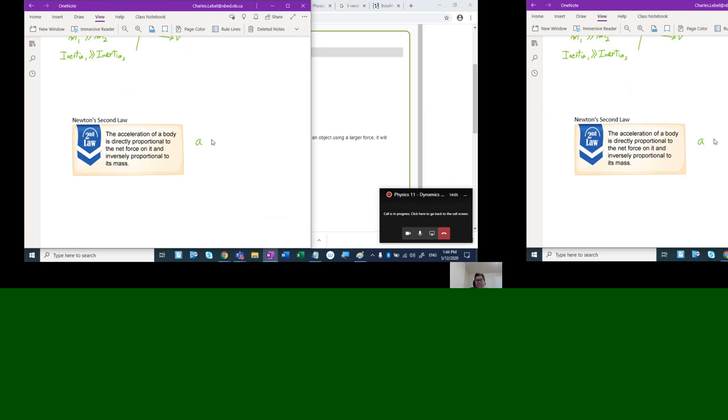The acceleration of a body is directly proportional to the net force, which we can call F net, or also sum of forces. But it's also inversely proportional to the mass.